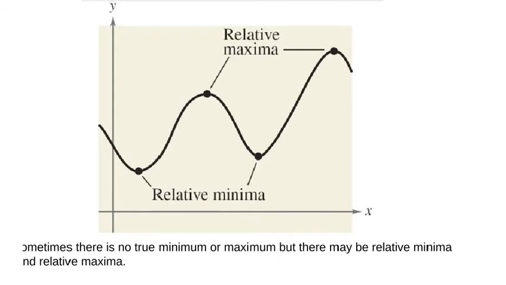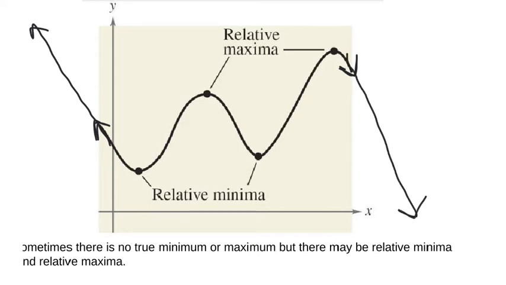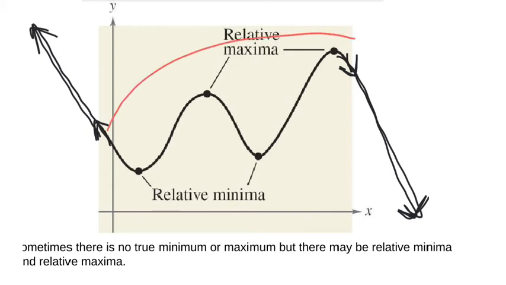Sometimes there is no true minimum or maximum. In this example, this graph is going to go up and down forever and ever, so there's no actual maximum or minimum. It's going to go up forever, so it won't have a maximum, and it's going to go down forever, so it won't have a minimum. Since this is where all the squiggly stuff is happening, this is where all the action is, they'll ask, what's the relative maximum?